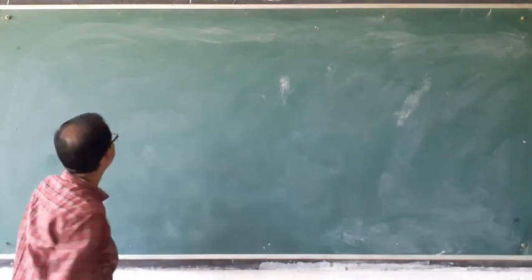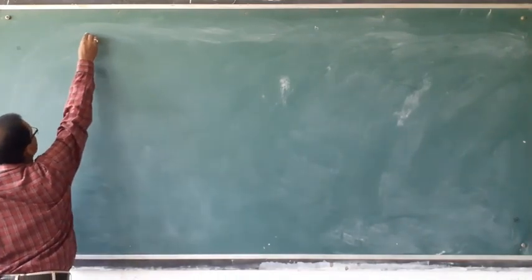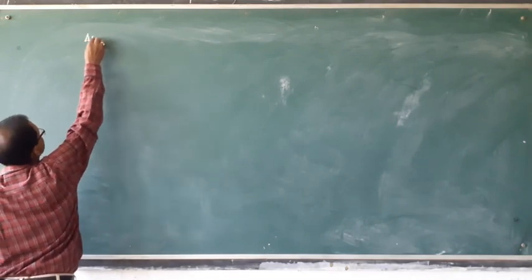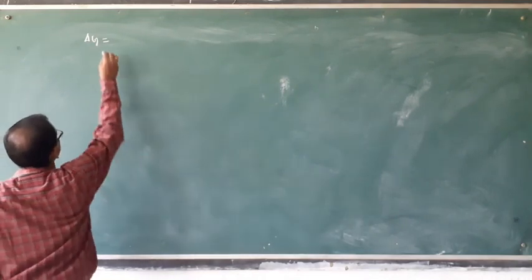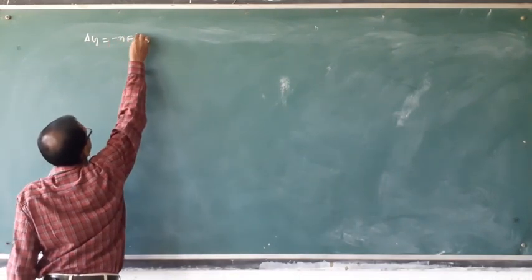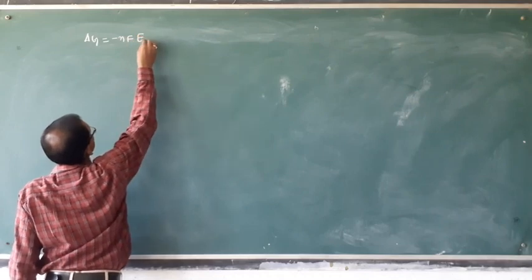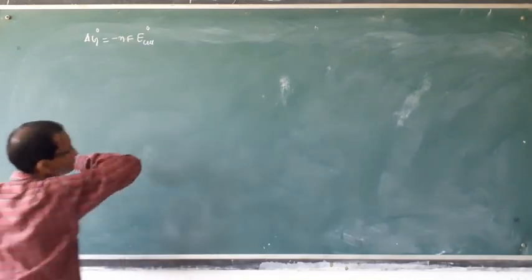Then the relation between del G and your electrode potential: del G is equal to minus nFE cell. Del G naught is equal to minus nFE naught.